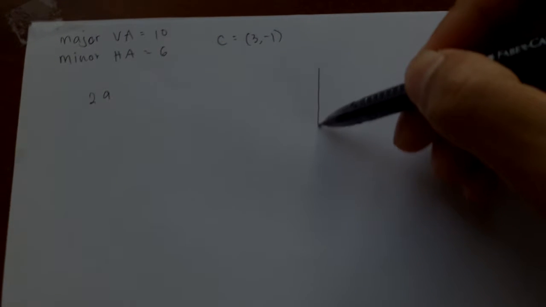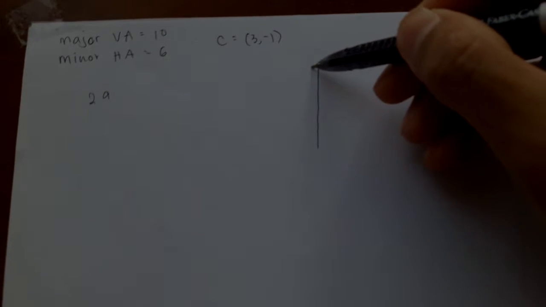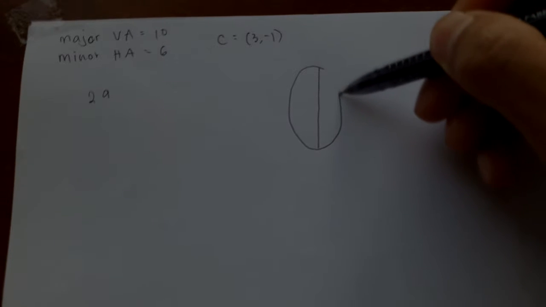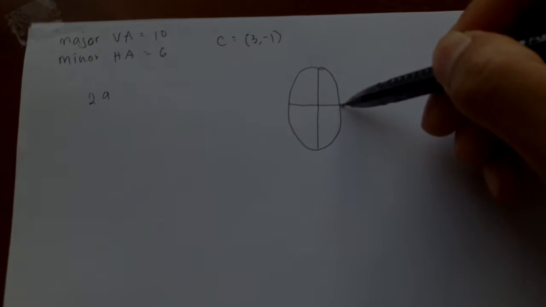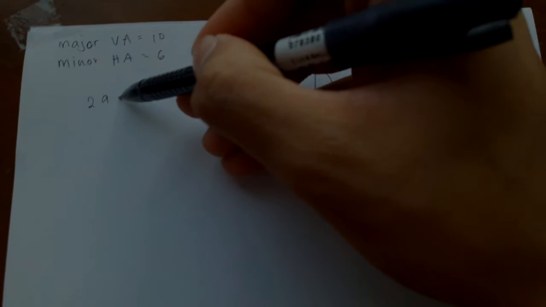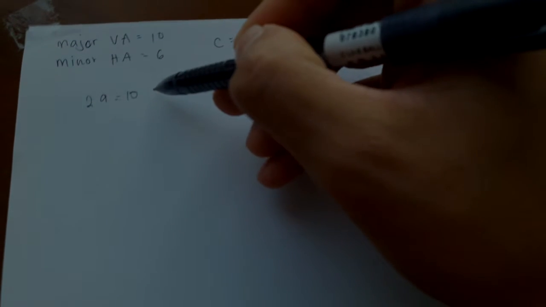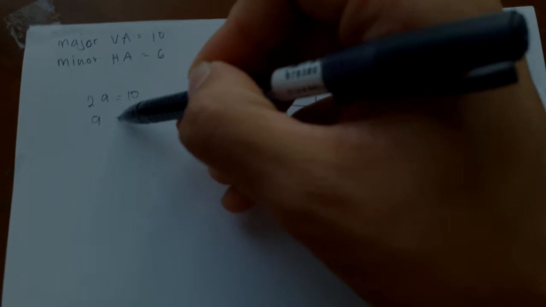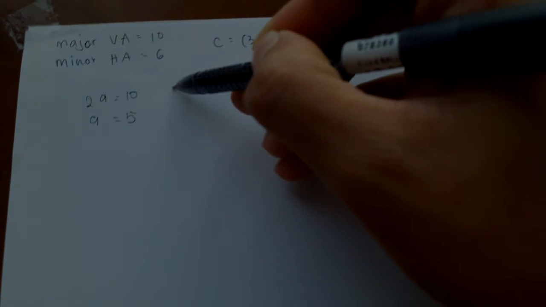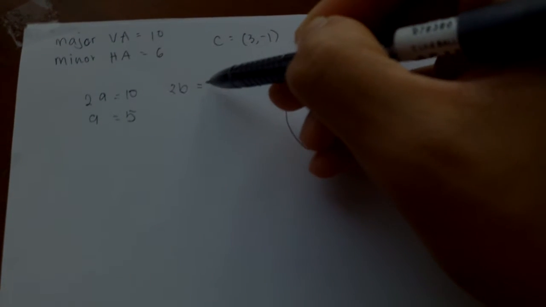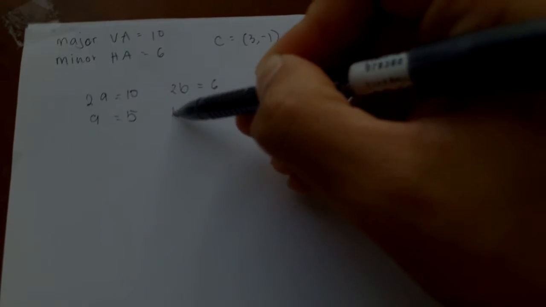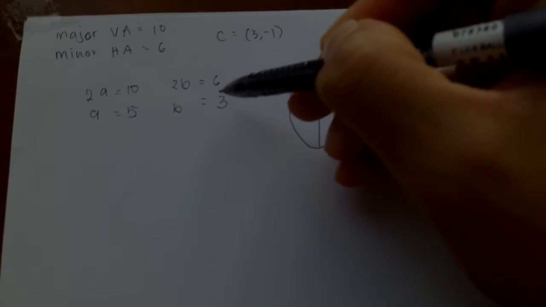So, 2A, since vertical axis is greater than the horizontal, the ellipse would be vertical. 2A is 10, which equals A would be 5. Then 2B is 6, then b would be 3.